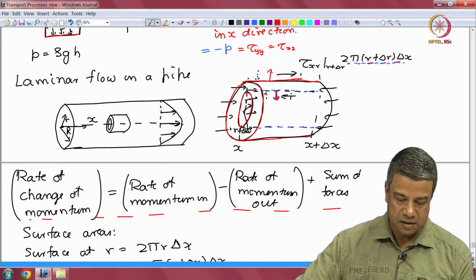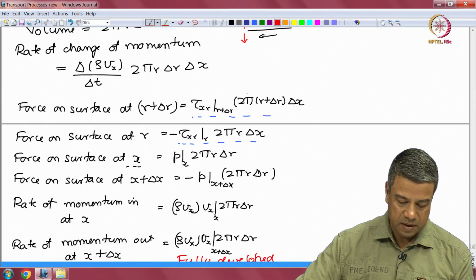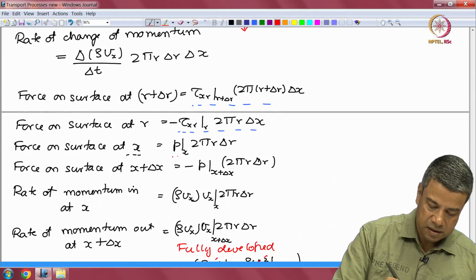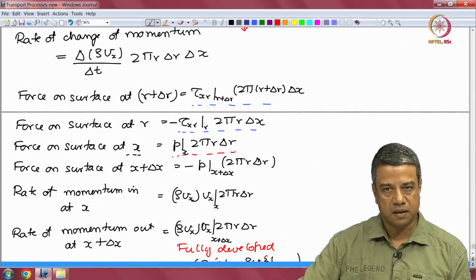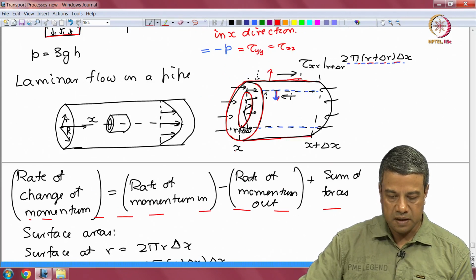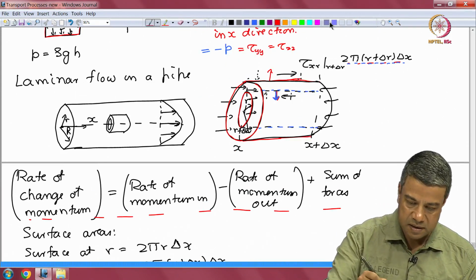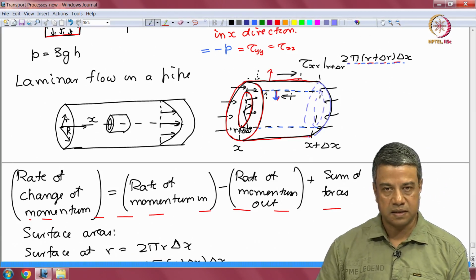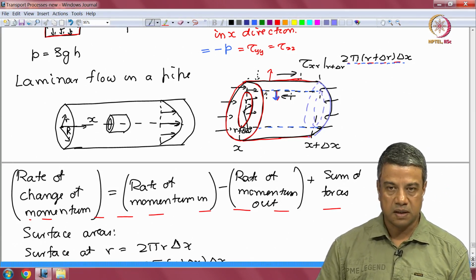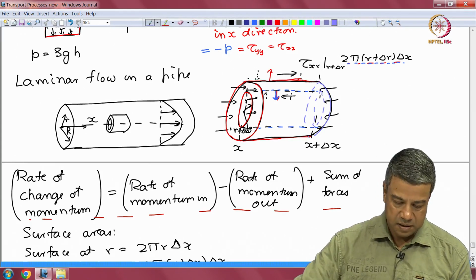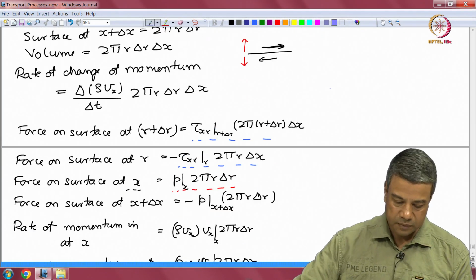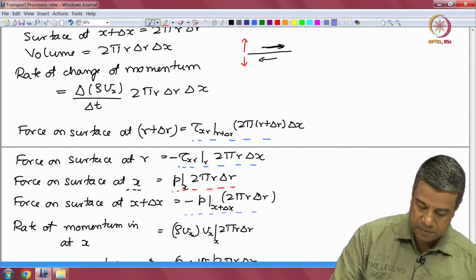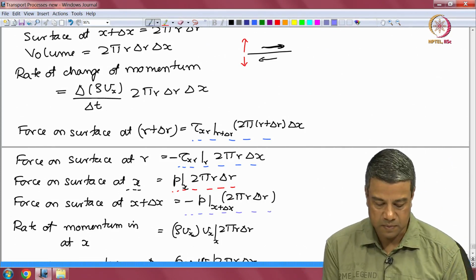That is P at x times 2 pi r delta r. At the surface at x plus delta x, between this circle and this inner circle, pressure acts inward, that is in the minus x direction. So, therefore, the force is minus P at x plus delta x times 2 pi r delta r.